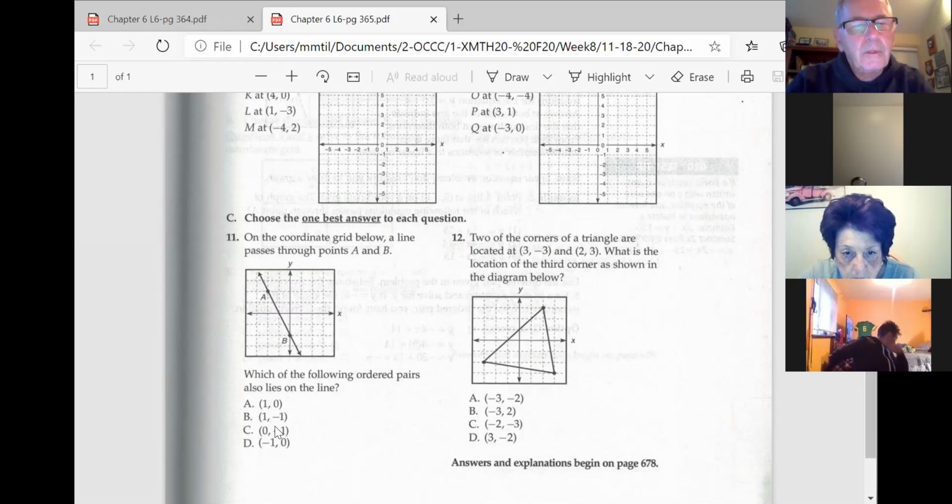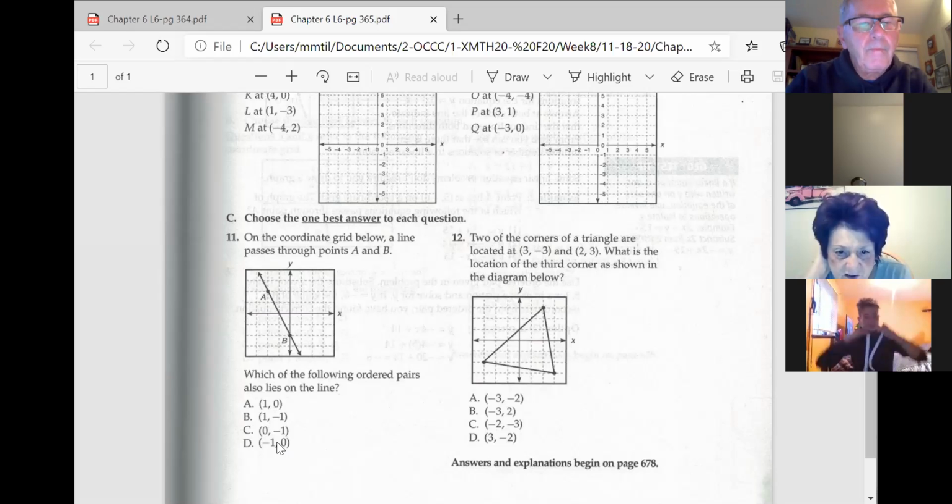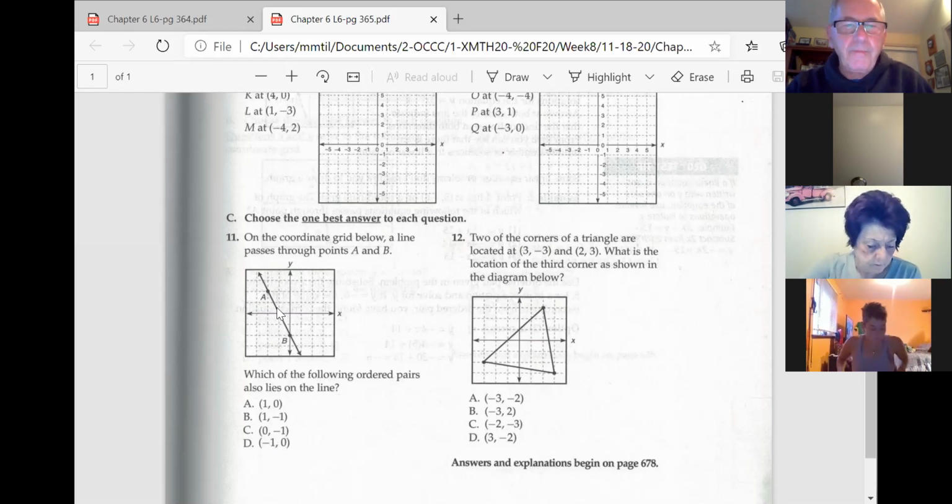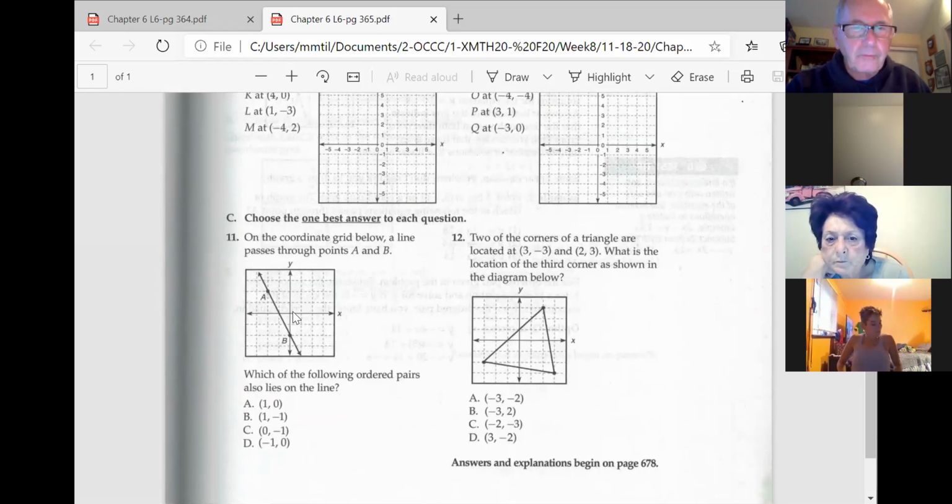Which of the following pairs are on the line? I don't see any. It's not that one. Wouldn't it be D? Oh, yeah, on the line. I'm sorry, I was looking at A and B. Yeah, it would be D, exactly. The minus 1 and 0. Okay, so that's all we were trying to do in that exercise.